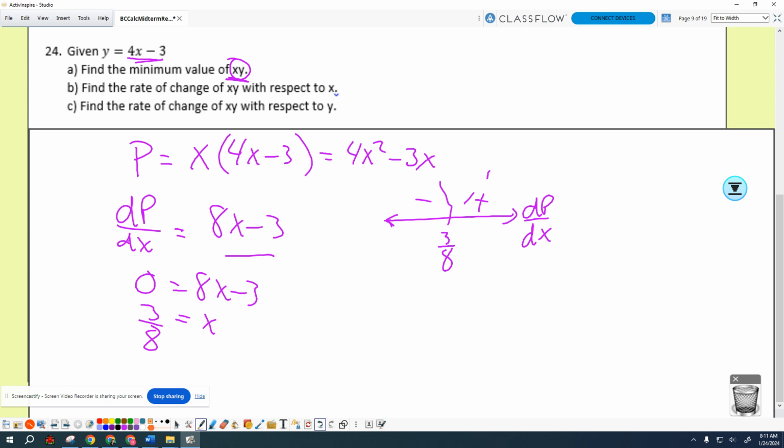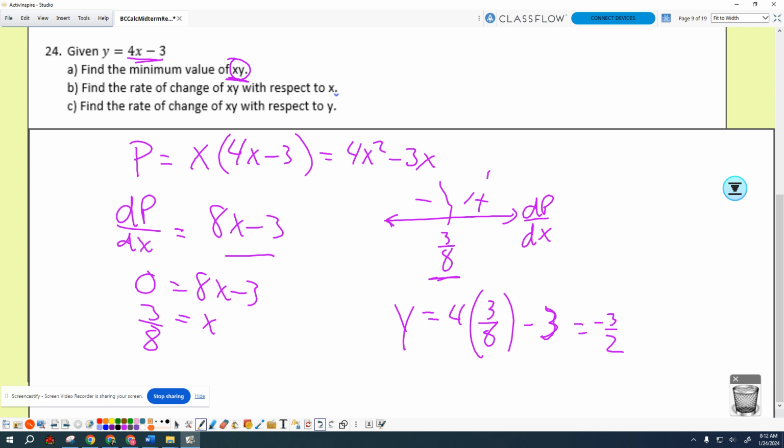In the land of multiple choice, they're going to put this value down. The next value they're going to put in is the y value.